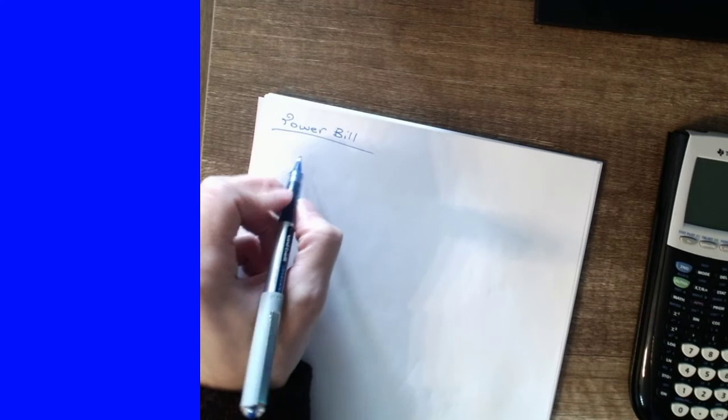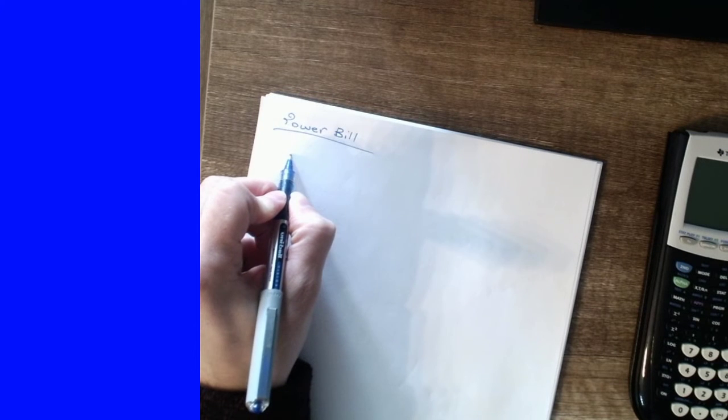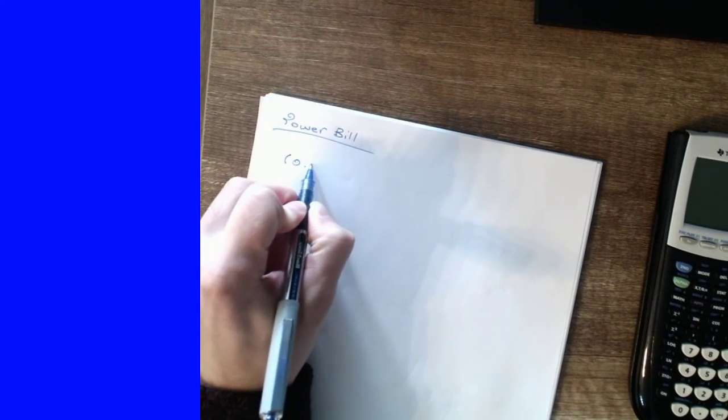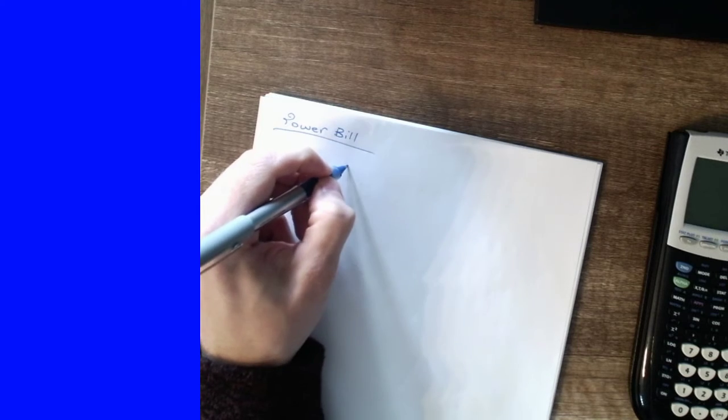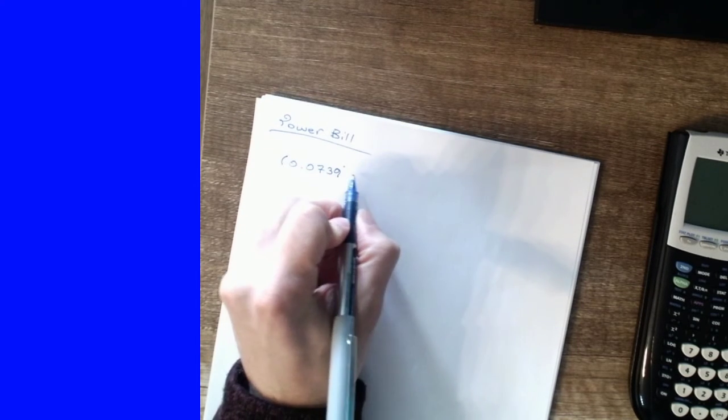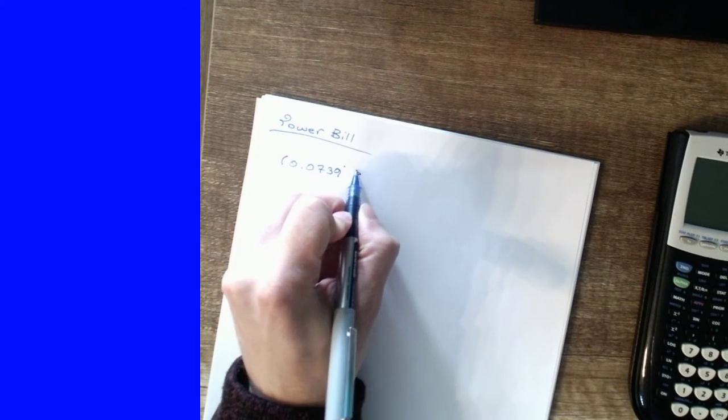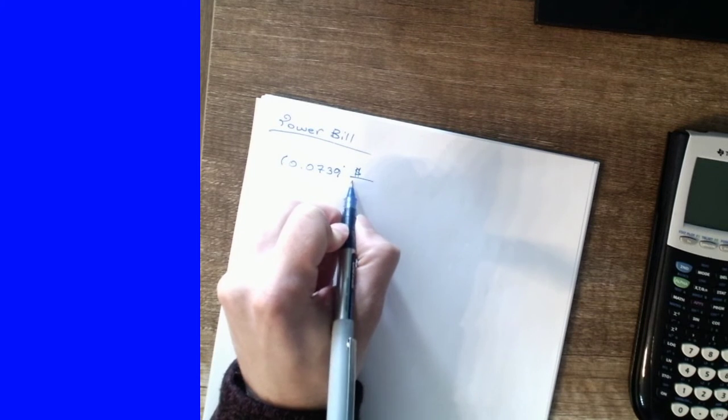So, for example, a rate could be 0.0739. That would be the amount you get charged per kilowatt hour.